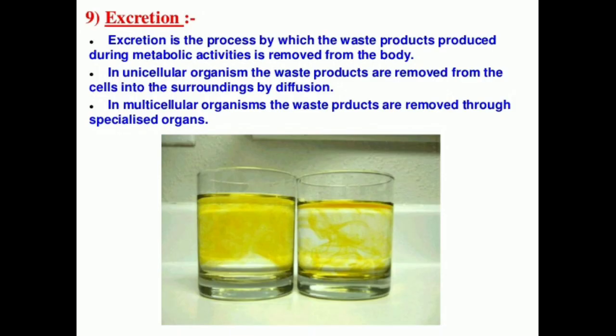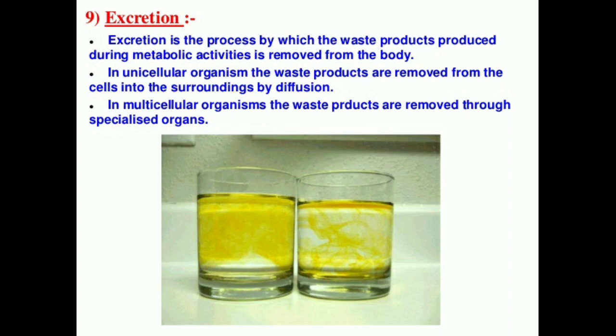Next we will discuss an important life process, that is excretion. What do you mean by excretion? You know that it is the process of removal of toxic waste from the body of an organism. And excretion takes place in plants as well as in animals.